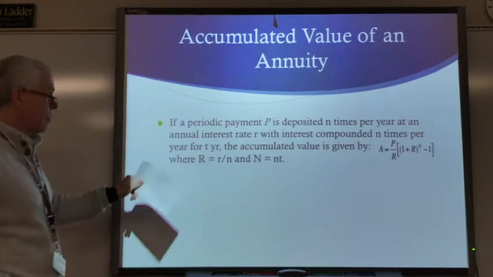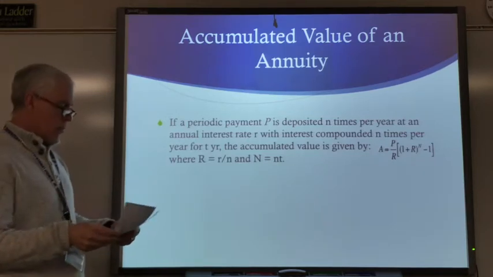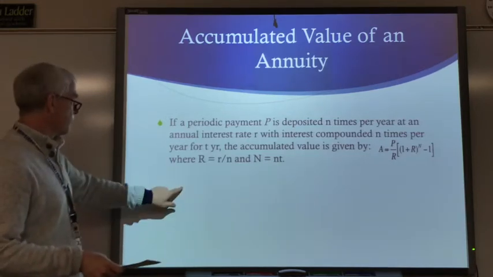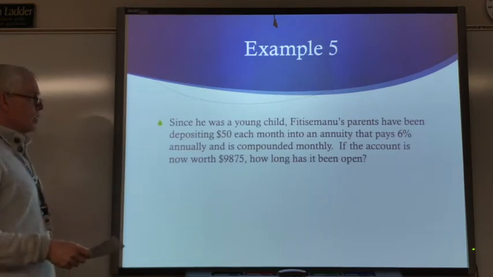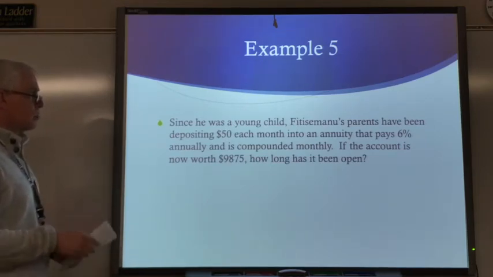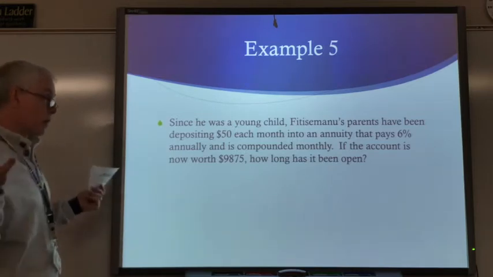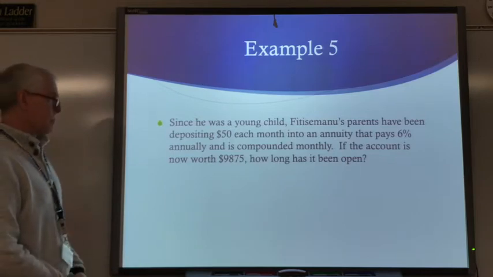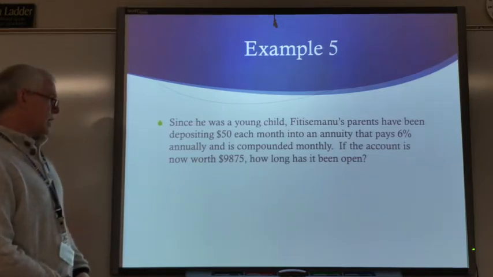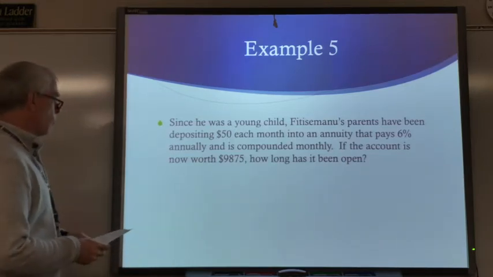Okay, so you've got to have that formula written down, and then we will crank out an example for you here. All right, so it says, since he was a young child, Fitsumanu's parents have been depositing $50 each month into an annuity that pays 6% annually and is compounded monthly. If the account is now worth $98.75, how long has it been open?